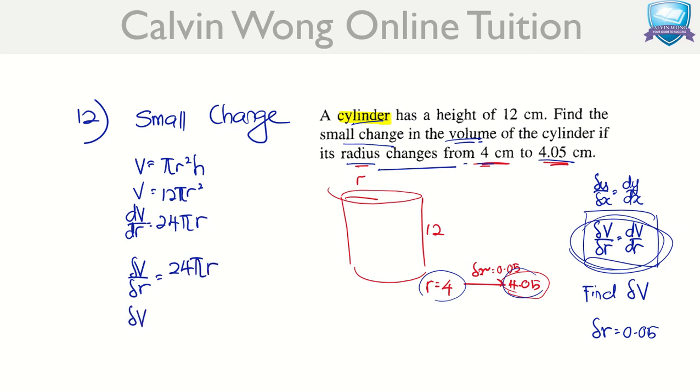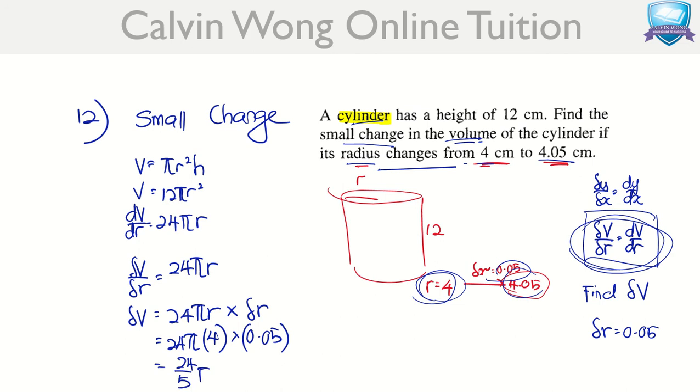So I want to find delta v: 24 pi r times delta r. What is my r? My r is 4. And what is my delta r? Small change 0.05. Press your calculator. You get 24 over 5 pi. The unit is cm cubed.